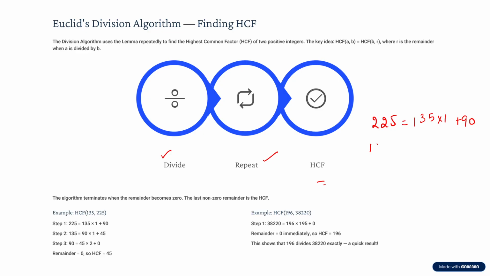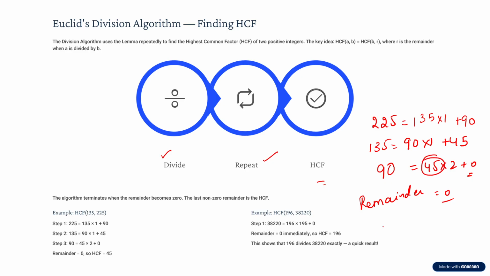Again 135, what you have to do? 90 times 1 plus 45. Okay. And again 90 as 45 times 2 plus 0. So finally, now we have to stop because our remainder is 0. So what is the HCF? HCF is 45.